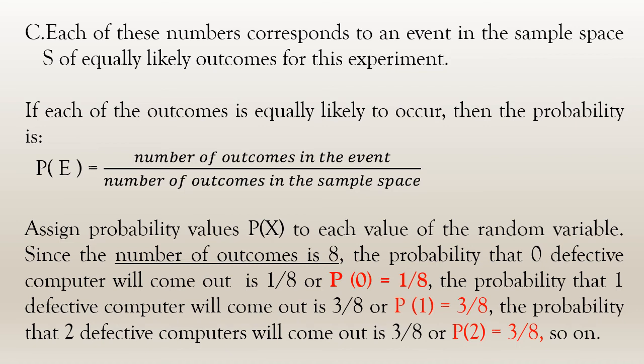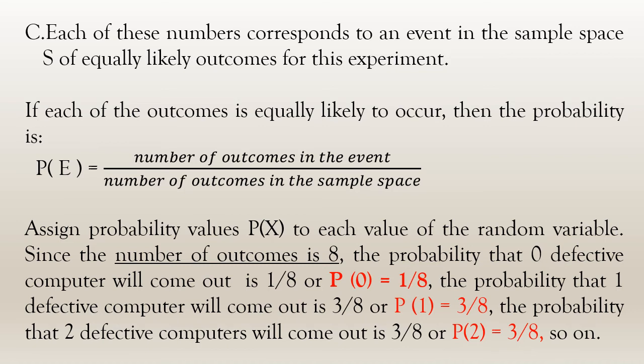Assign probability values P of X to each value of the random variable. Since the number of outcomes natin dito ay 8, the probability that 0 defective computer will come out is 1 out of 8. So sa 8 outcome natin, merong isa na event na kung saan ang lumabas ay 0 yung defective computer or walang defective computer na nakuha. So that is 1 out of 8 outcomes. So pag inilagay natin yan sa probability, that will become P of 0 is equal to 1 over 8.